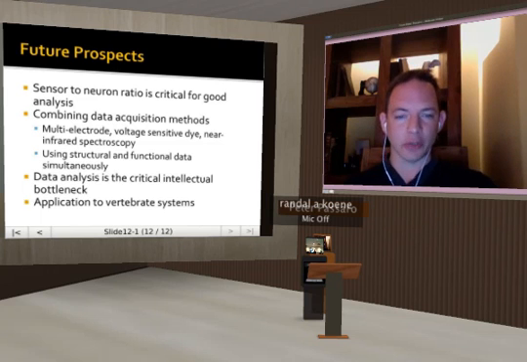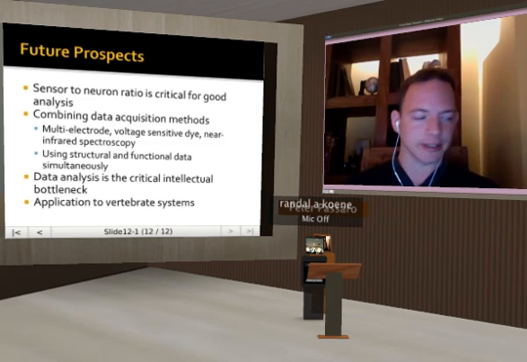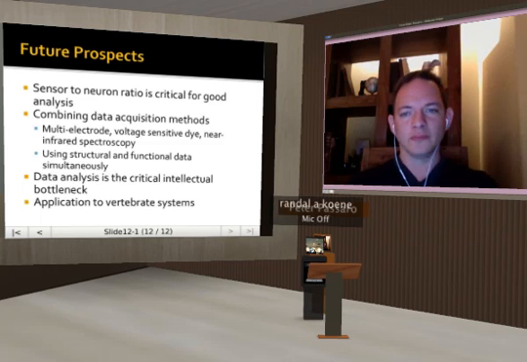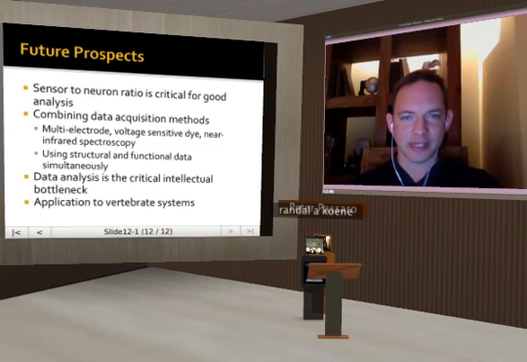I think the way that you do this is you do experiments back and forth using both structural and functional information simultaneously. So if I get a particular structure out of an organism, what does the functional behavior look like?